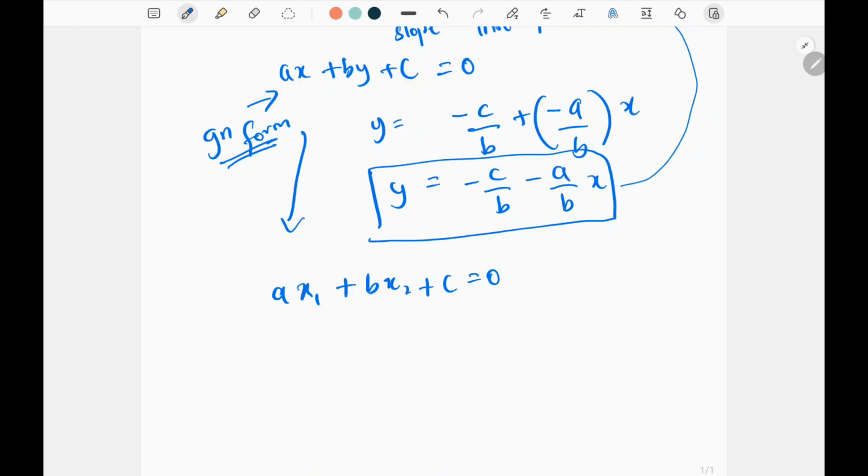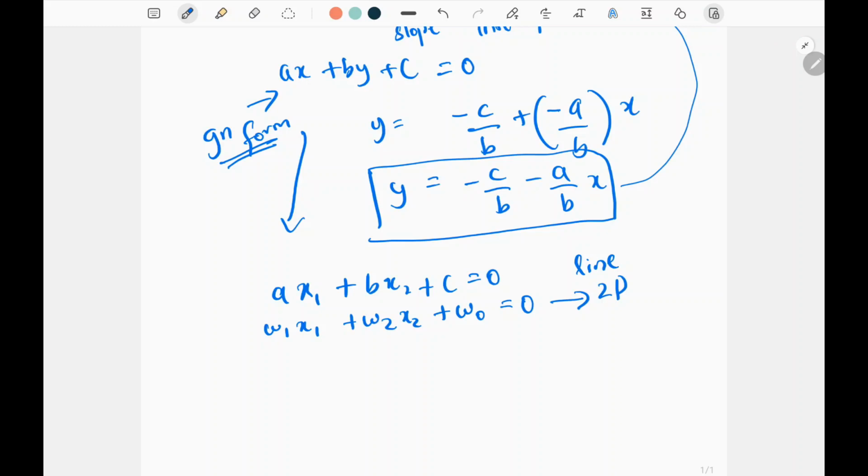For simplicity, instead of a, b and c, I'm going to write w1 x1 plus w2 x2 plus w0 equals 0. This is the 2D representation, nothing but the equation of a line.